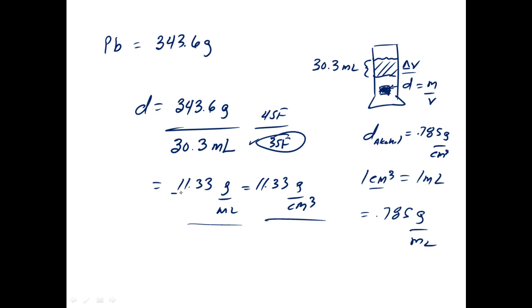So we look at the 1, 2, 3 significant figures, look at the number adjacent to our least precise part of the measurement, the tenths place there, and it's less than 5, so my final answer would be 11.3 grams per cubic centimeter. All right? So that's the answer for the first problem.